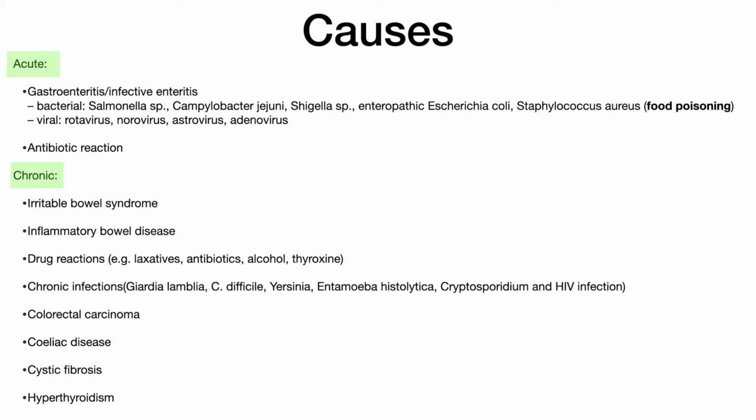Now in chronic diarrhea, the causes are irritable bowel syndrome, inflammatory bowel disease, and drug reactions such as use of laxatives, antibiotics, alcohol, thyroxine. Then we have chronic infections. The important ones here are Giardia lamblia, Clostridium difficile, Entamoeba histolytica, and HIV infection. And also don't forget to rule out colorectal carcinoma. We have celiac disease, cystic fibrosis, and hyperthyroidism.